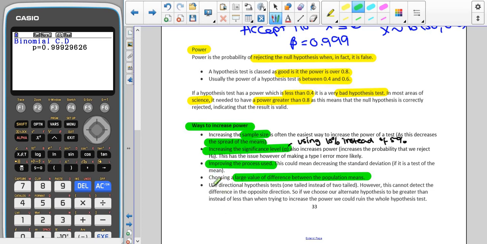And a good way to do this as well is to use a directional hypothesis test. We talked about this briefly when we were looking at the probability of making a type 2 error. So if we use a one-tail test instead of a two-tail test, it's going to increase our power, but again, this cannot detect the difference in the opposite direction.